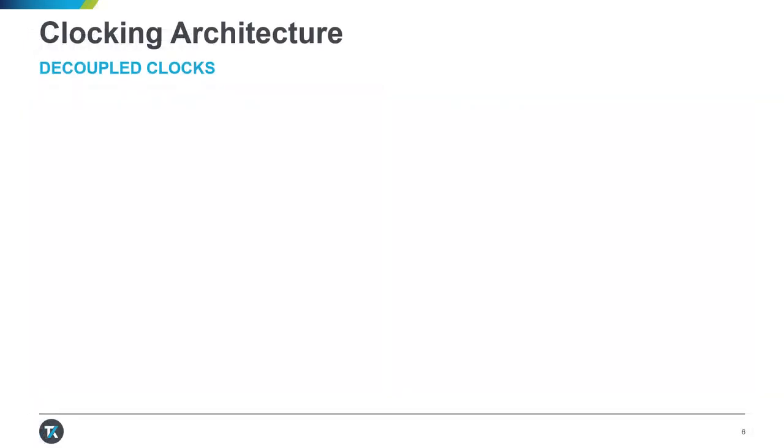So let's talk about the clocking architecture in LPDDR5. This is one of the biggest changes as compared to LP4. Now this clocking architecture is very similar to graphics DDR5. So if you have worked on or are familiar with graphics DDR5, then this should be a piece of cake.